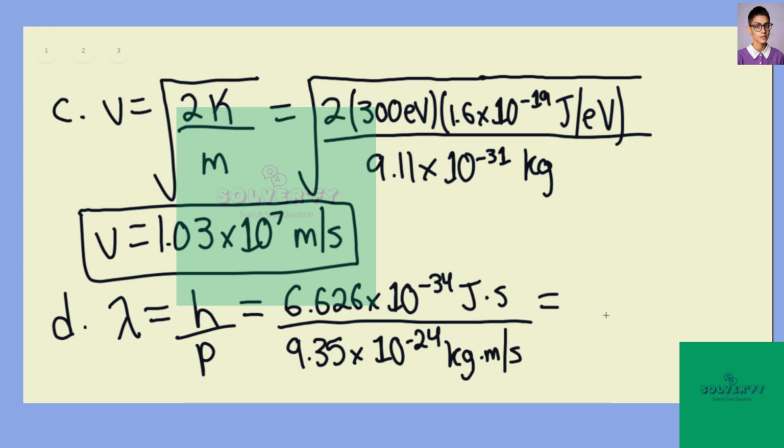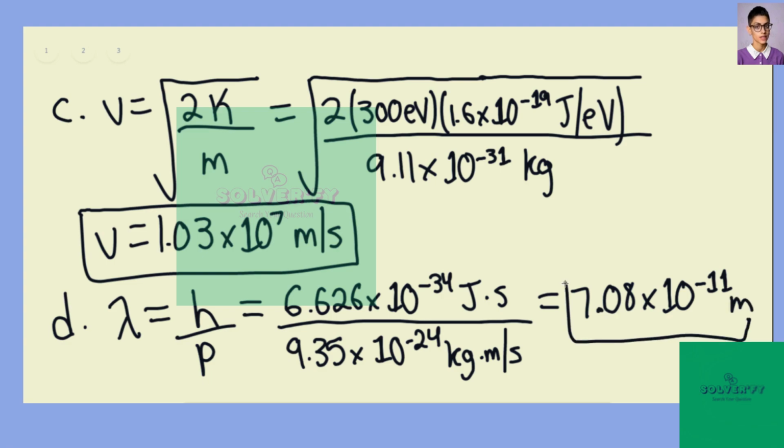This is going to be equal to 7.08 times 10 to the negative 11th meters. This would be the corresponding de Broglie wavelength.